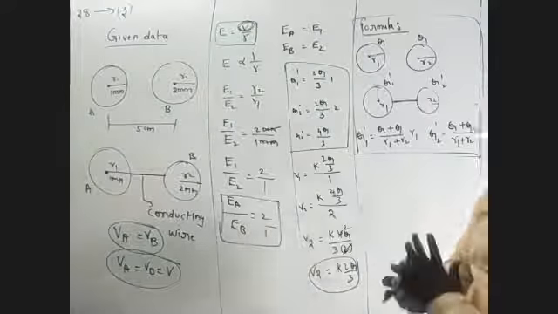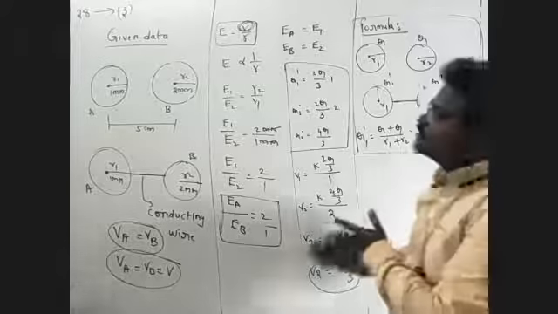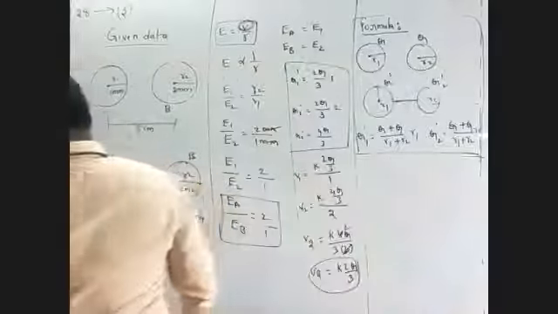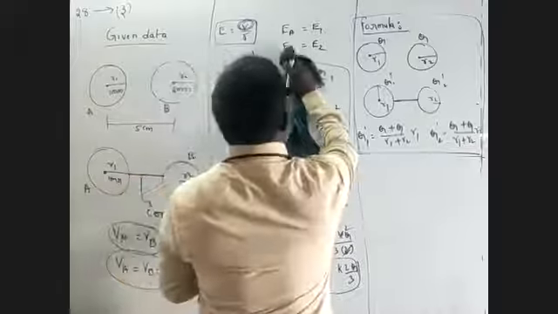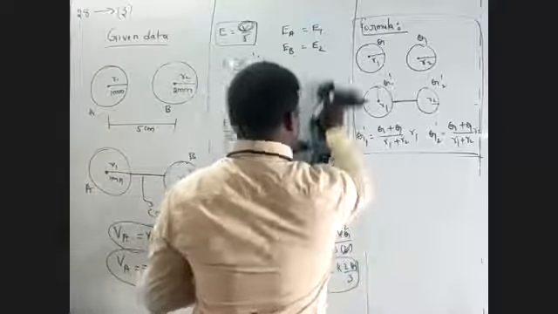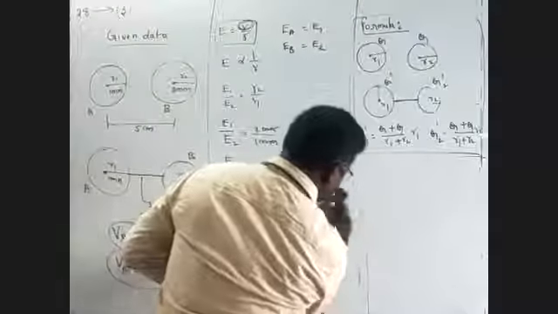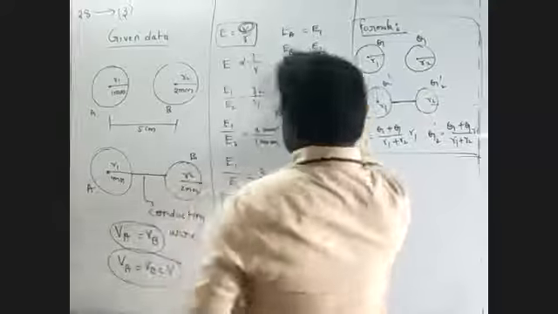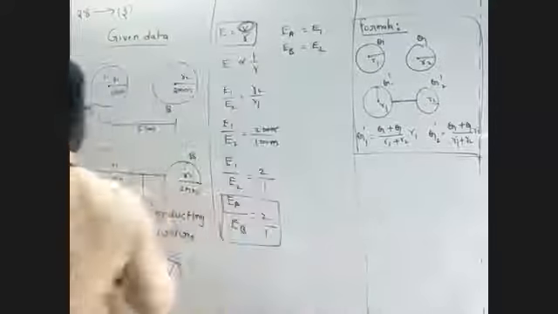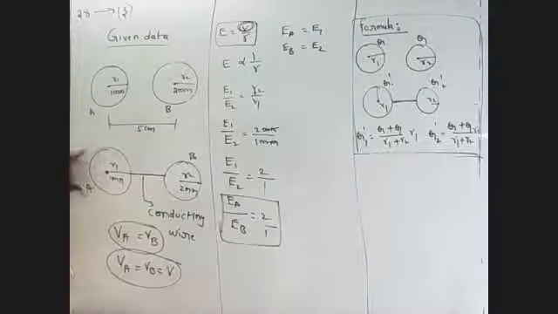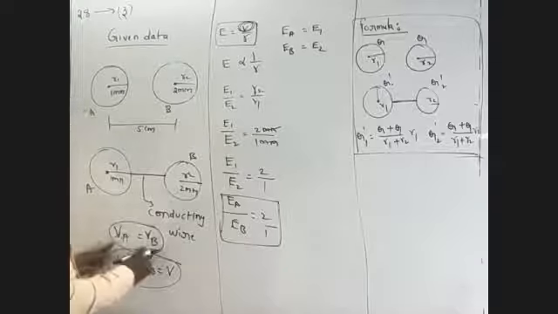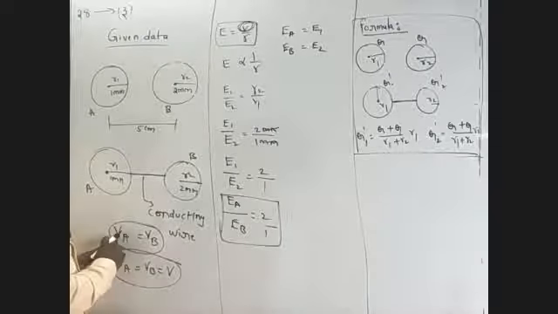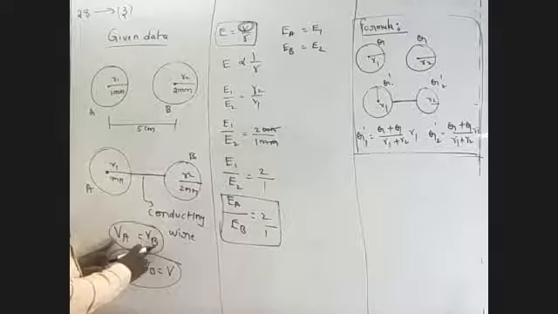You see very carefully. This is a body. I'm going to explain the VA is equal to VB condition.